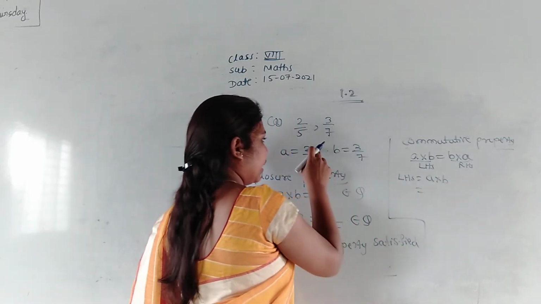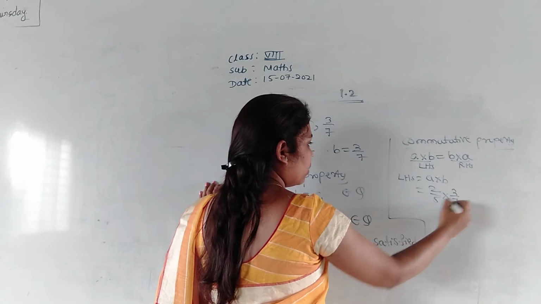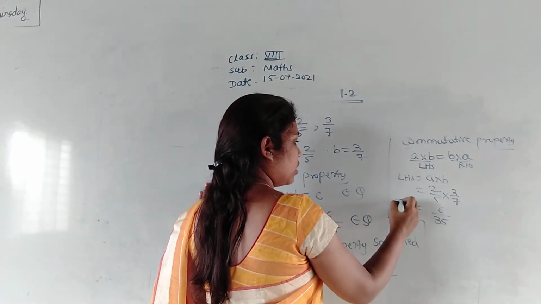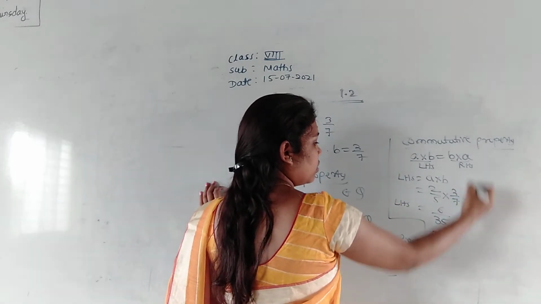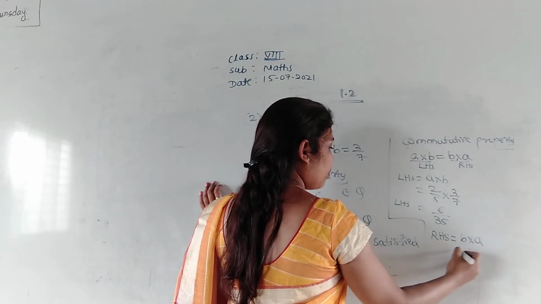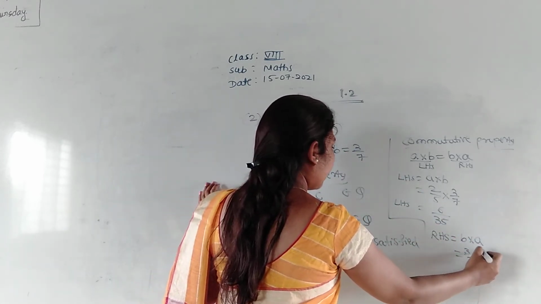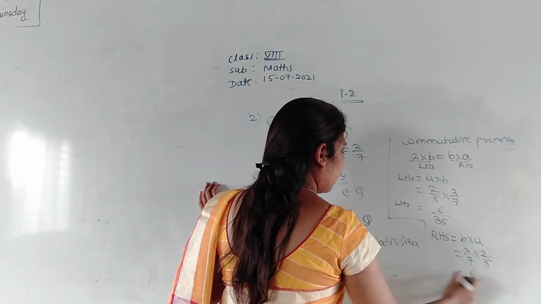What is the value of A here? 2 by 5 into 3 by 7. So what are we getting? 6 by 35. So LHS is 6 by 35. Now consider the RHS. RHS is equal to B into A. What is the value of B here? 3 by 7. Next, the A value is 2 by 5. Now multiply. That is also 6 by 35, we got.